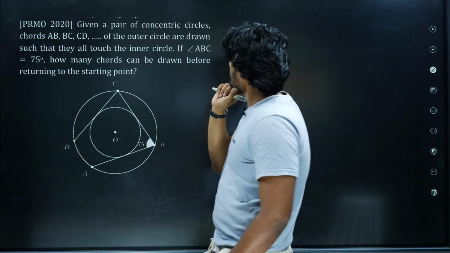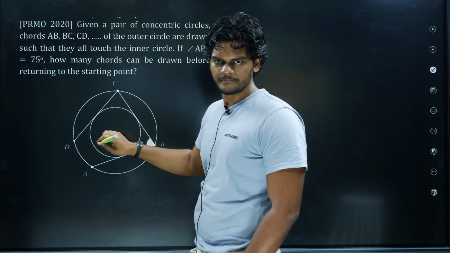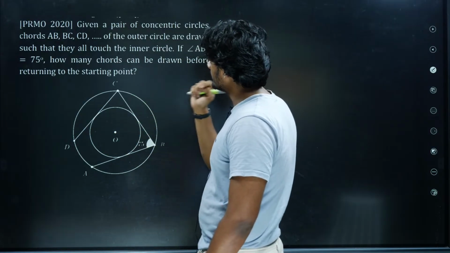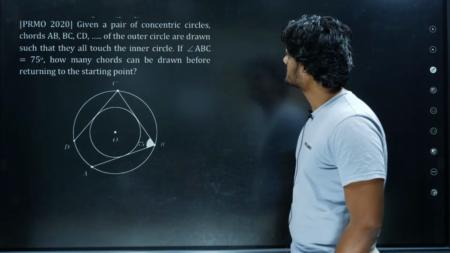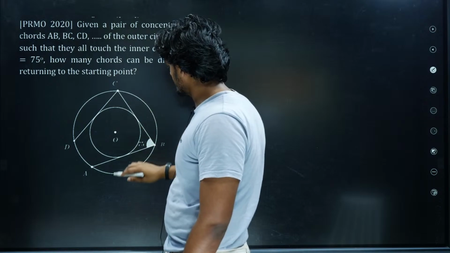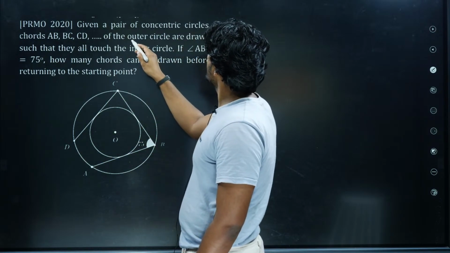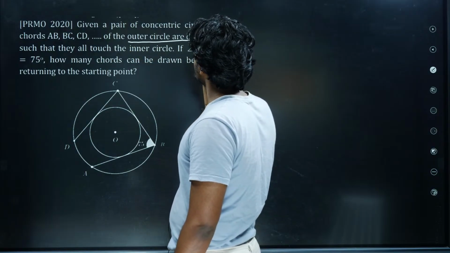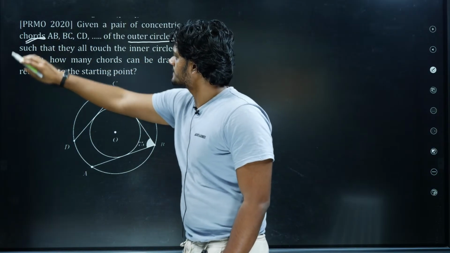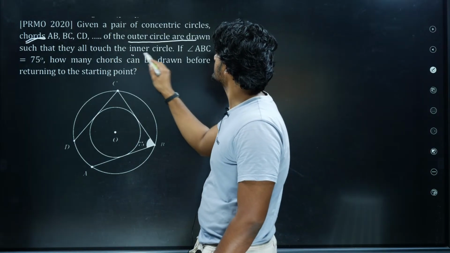Given a pair of concentric circles, meaning same center and different circles, AB, BC, CD are chords for the outer circle, but they are such that all touch the inner circle.